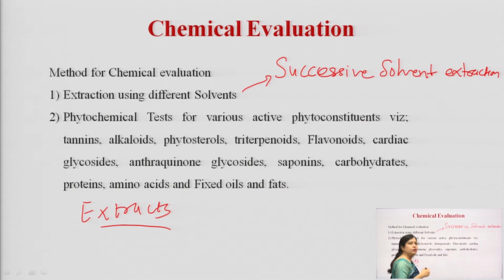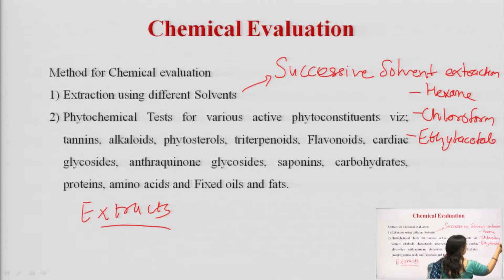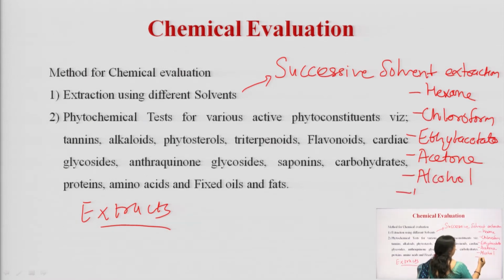In successive solvent extraction, we start with a completely non-polar solvent like hexane, then we move to a slightly more polar solvent, that may be chloroform, then ethyl acetate, acetone, alcohol, which can be methanol or ethanol, and then water.